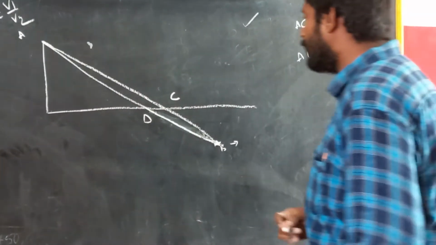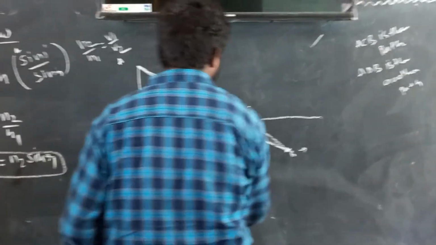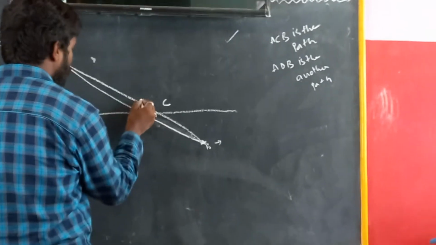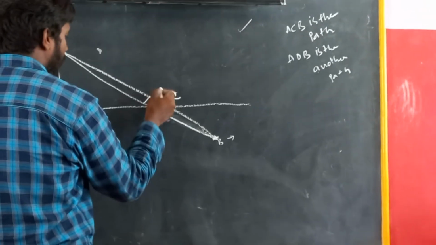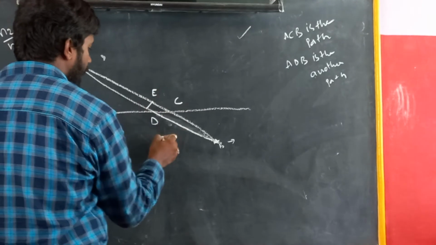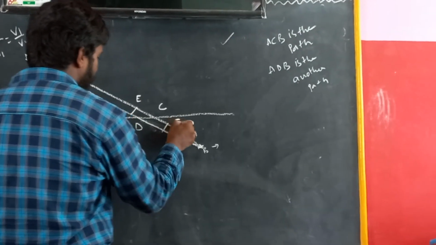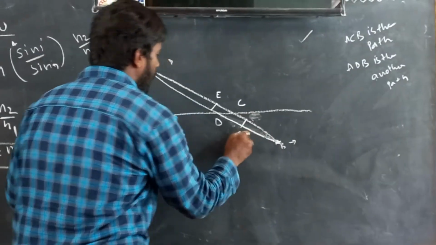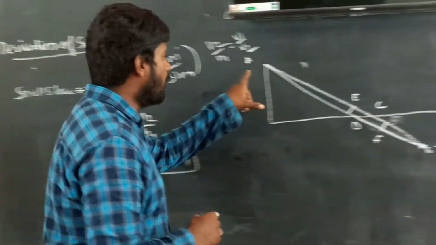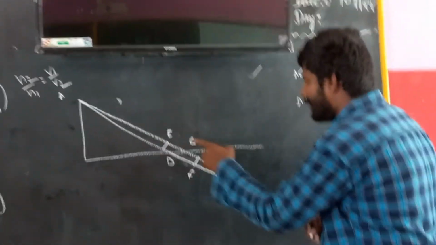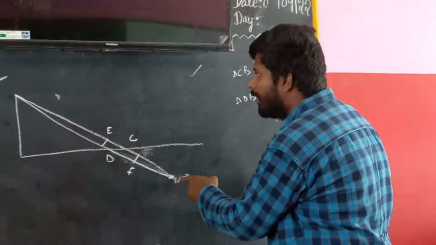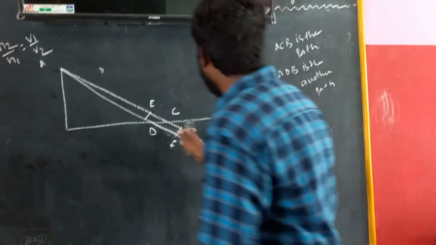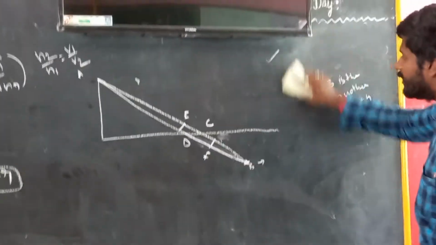Now, let us draw a perpendicular E here and a perpendicular F here. To save the person, we travel from A to E, then to C, then to B, and another path is from A to D, D to F, and F to B. Here we want to find the distance EC.